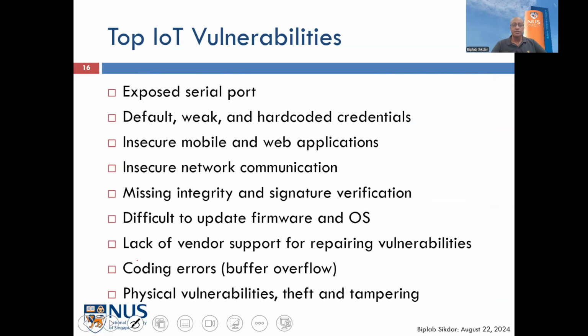And then there's a whole list of other vulnerabilities such as hard-coded credentials, insecure applications, the absence of encryption and cryptographic solutions for IoT communications. While we update the operating system on our phones and our laptops and desktops quite often, updates are much rarer for IoT devices.